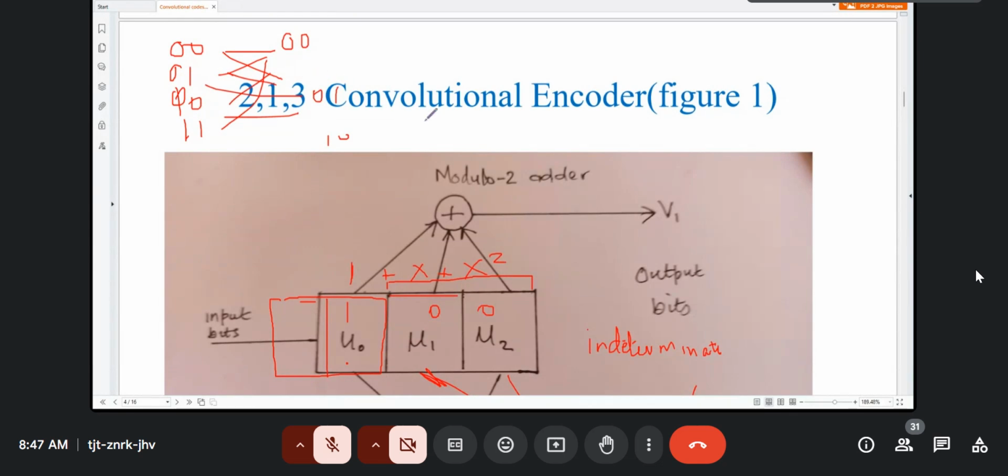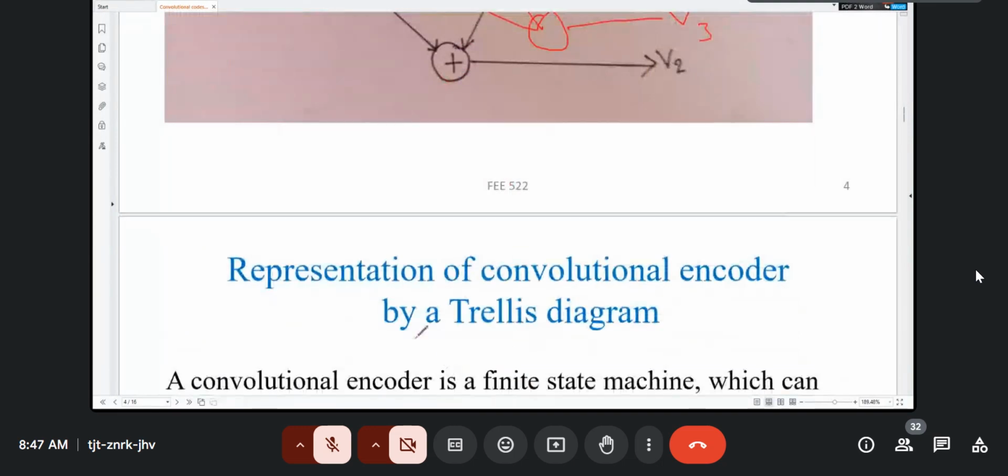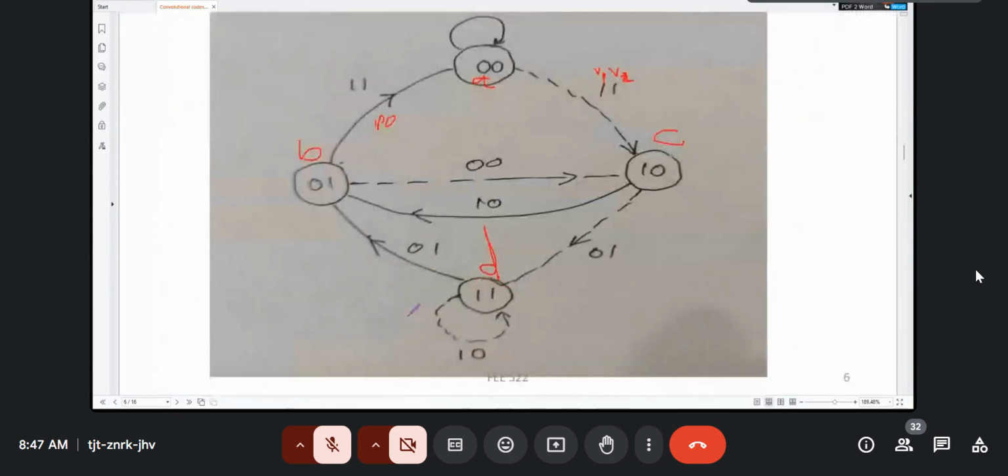Because now for every clock, 2 bits are considered. I've not tried to draw these different diagrams for the state, but it's not complicated.